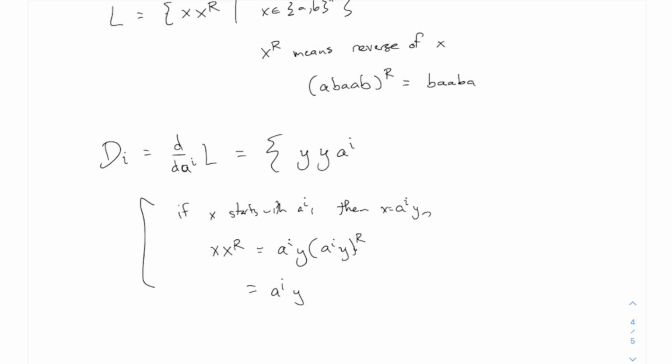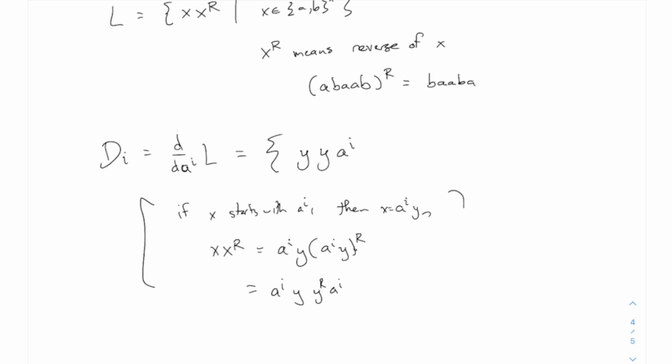And what do you get when you reverse a to the i followed by y? It's y reversed, then a to the i. Think about that, it's true. It's y reversed, because y could be a long string.